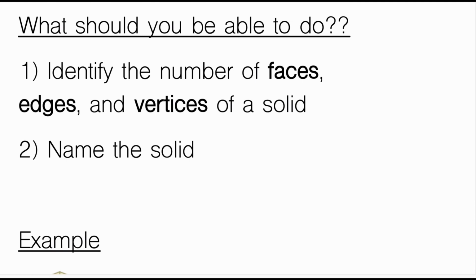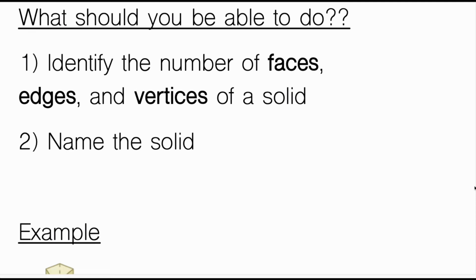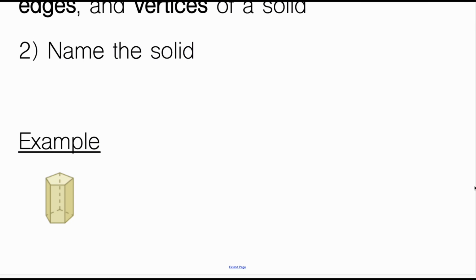So let's do one example together. I don't think this is that challenging, but it's still good to look at together. So here, we could name this first if you want to. I know for sure that this has to be some type of prism. How do I know that? Because there are 2 bases that are parallel and identical from one another.